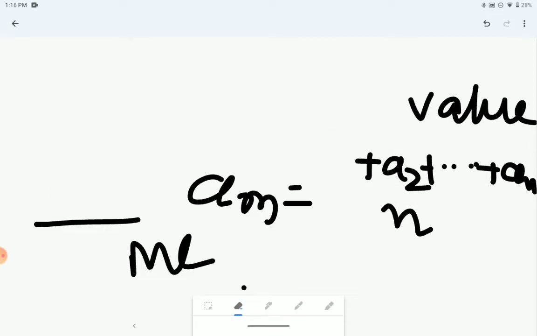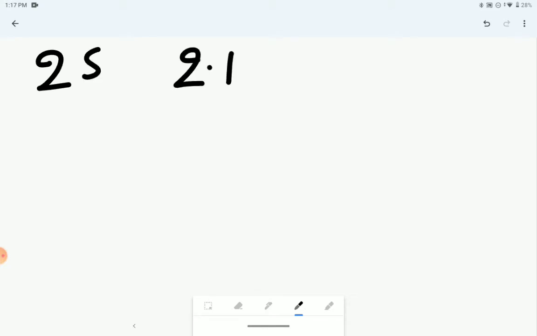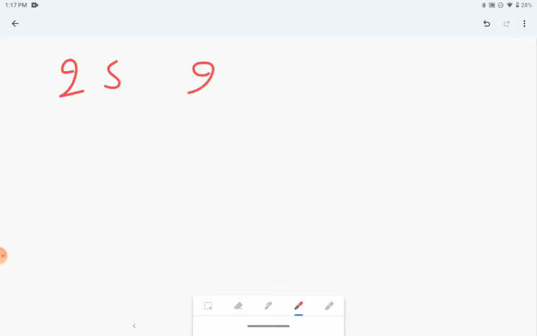We just now talked about an example, right? Let's say you took 2 seconds the first time, 2.1, 2 seconds, again 2.3 seconds.